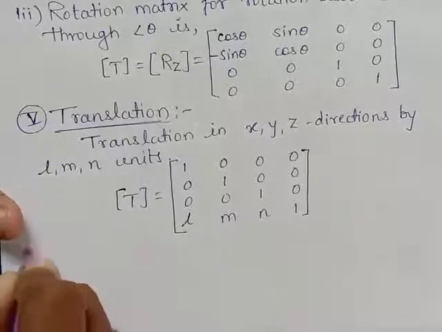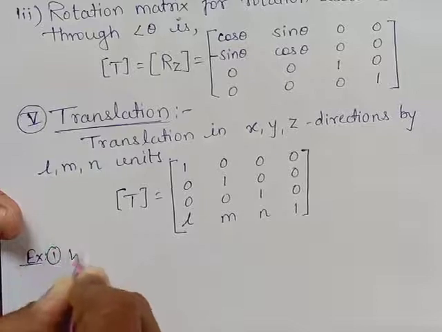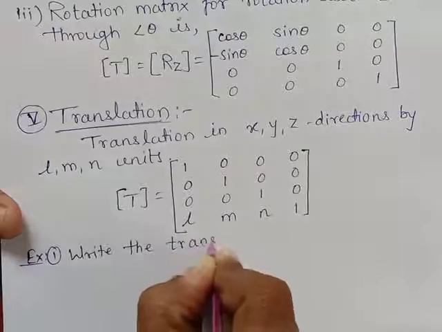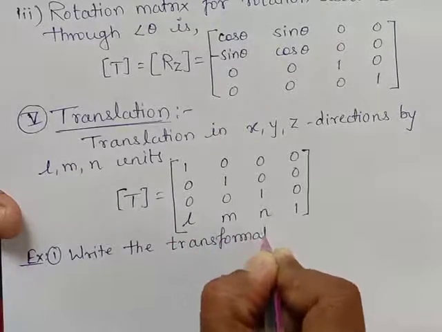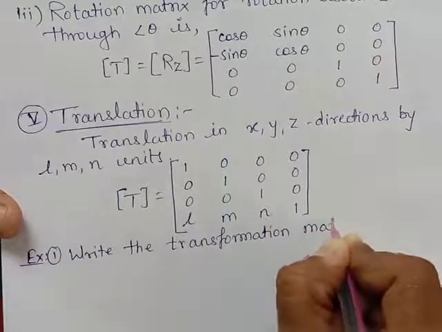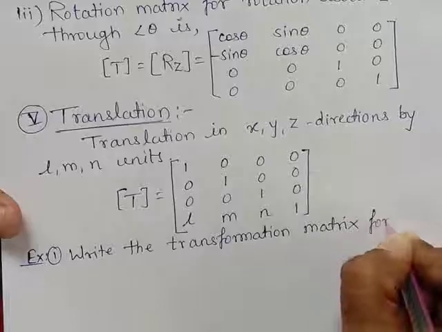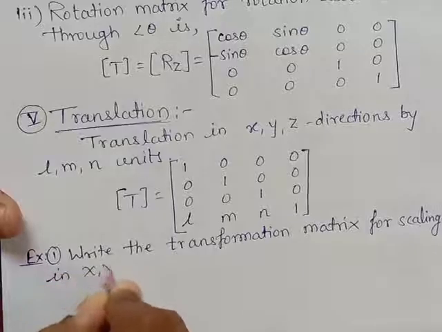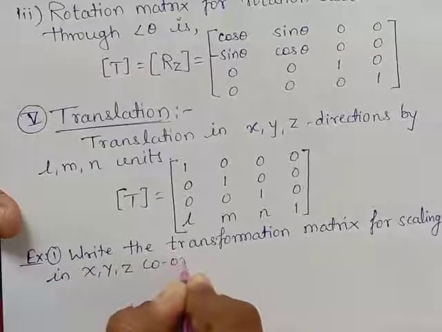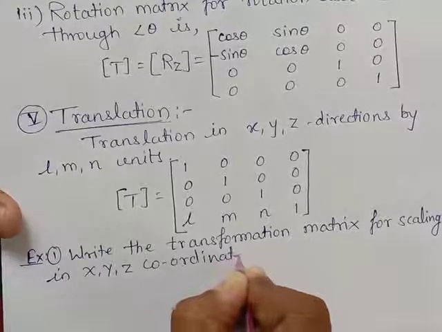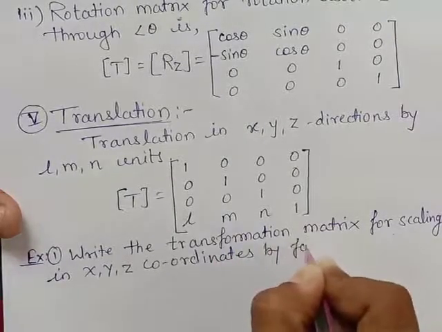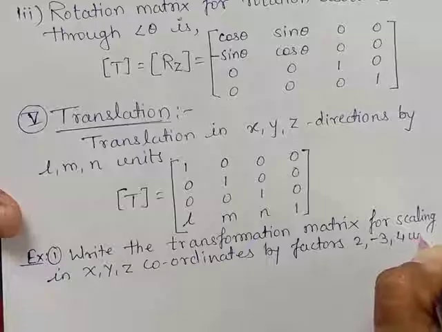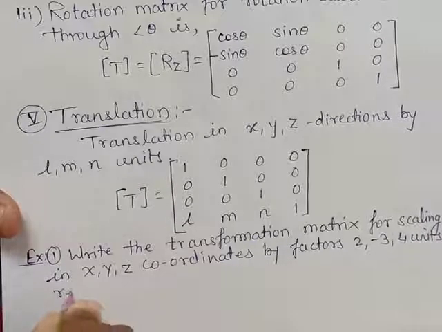So example 1, suppose write the transformation matrix for scaling in x, y, z coordinates by factor 2, minus 3, 4 units respectively.